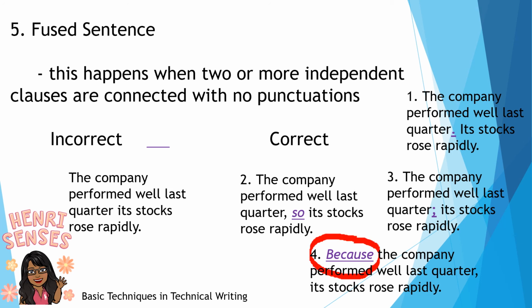this one. We can use a subordinating conjunction to create a dependent clause. Okay, so because the company performed well last summer, it becomes a dependent clause, right? Because you added here a conjunction, which is because.